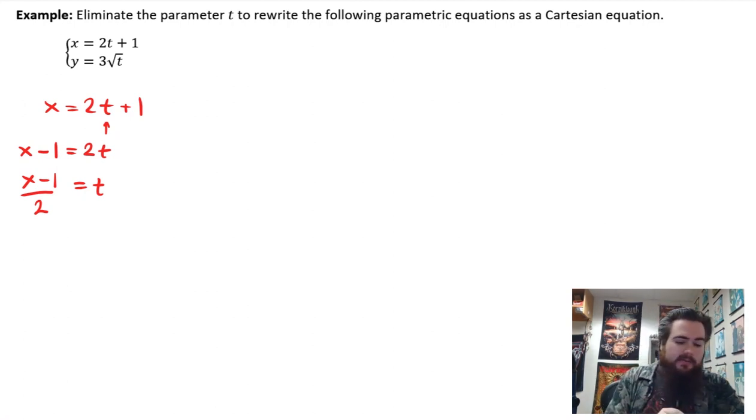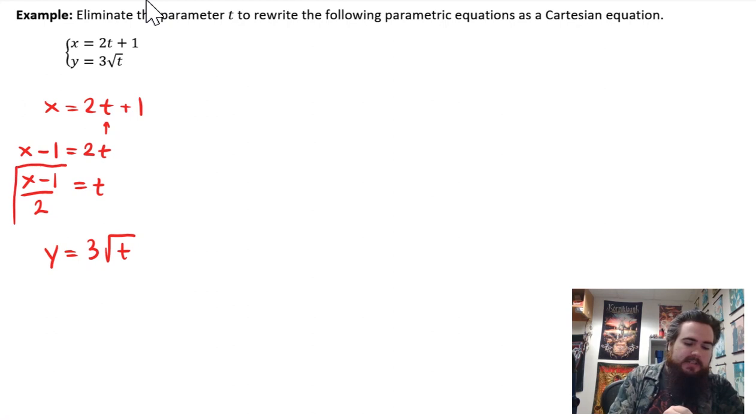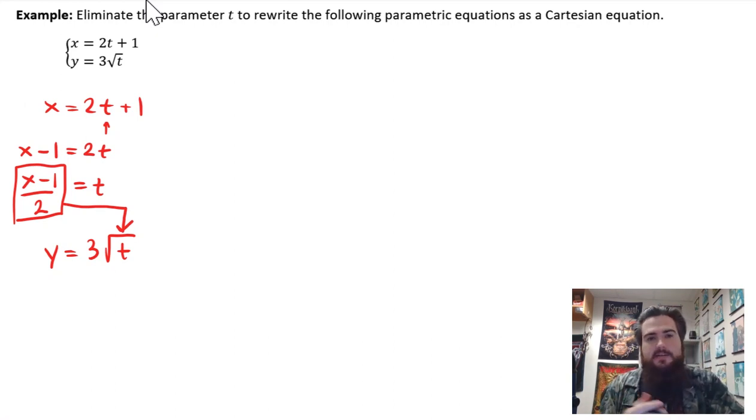I now have t as a function of x, and I can therefore take y equals 3 square root of t, and substitute this expression, x minus 1 divided by 2, in for t.